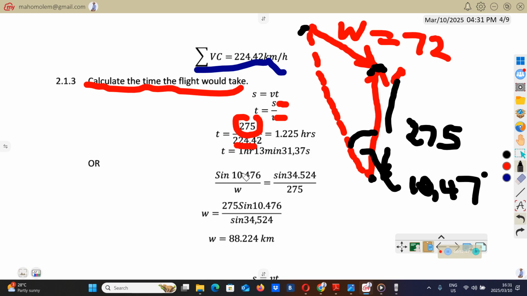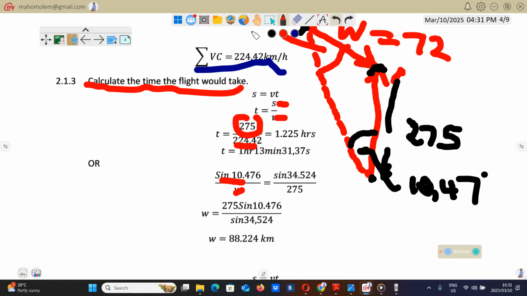So you will see this angle here. We are going to say the sine of this angle, divided by the opposite side to get W, equals this angle. This angle doesn't change. It's that angle C, which we got as 34.